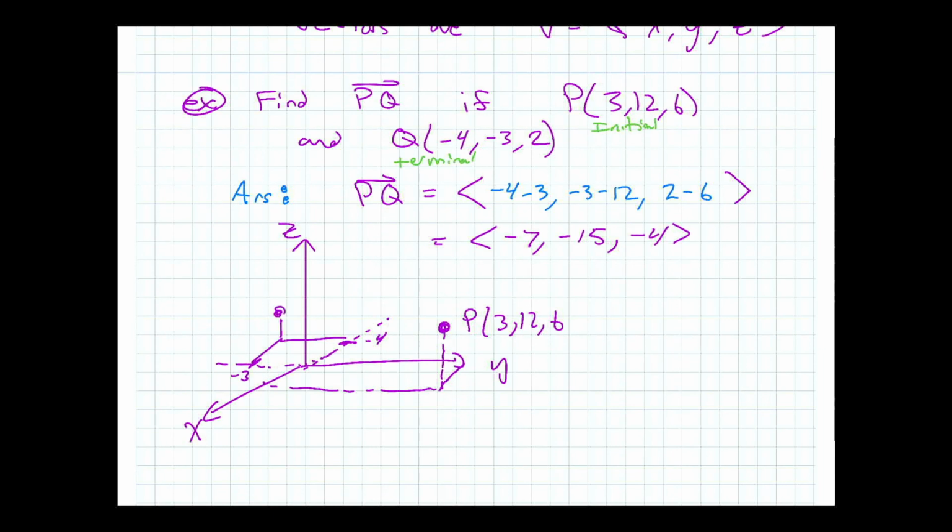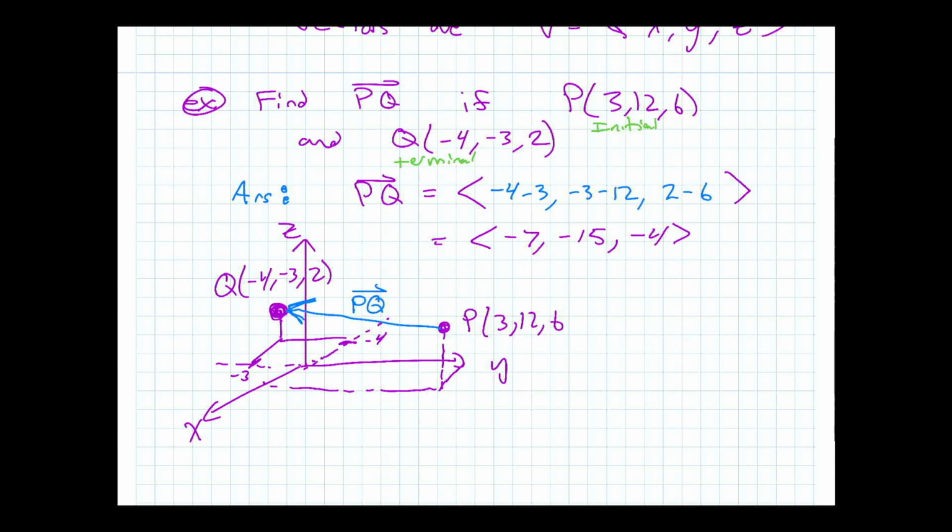So you've got this point here, that's your Q, (-4, -3, 2). And then you've got this vector that goes from P to Q. You just draw it starting at this point, and then it heads this way. That's the vector from P to Q. So everything is the same as the previous section, but harder to draw by quite a bit. That's really all that's going on.